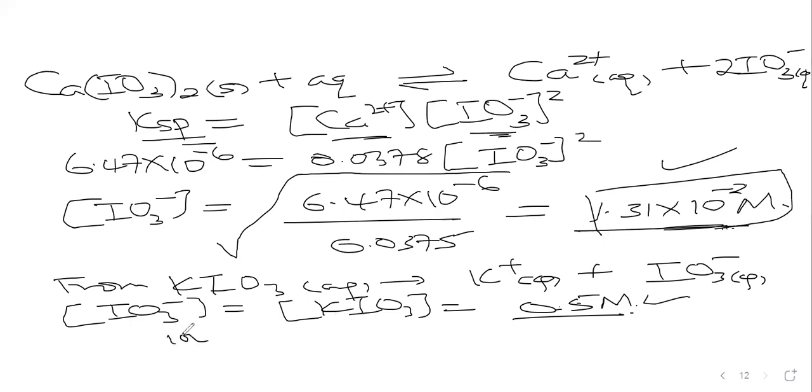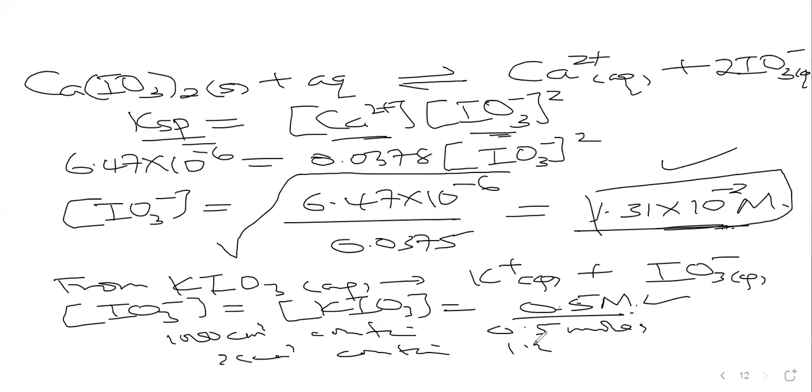So we shall say 1,000 centimeters cubed contain 0.5 moles. So which volume, x centimeters cubed, will contain 1.31 times 10 power negative 2 moles. When you work out, your x will come out as 26.2 centimeters cubed. I hope you've got the concept.